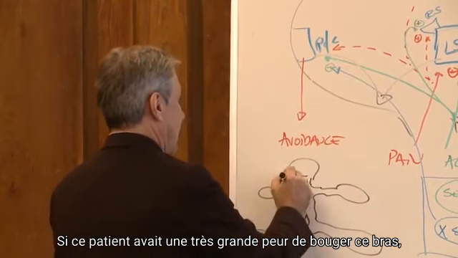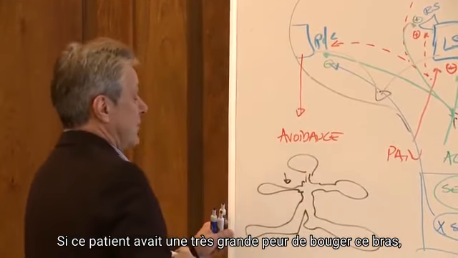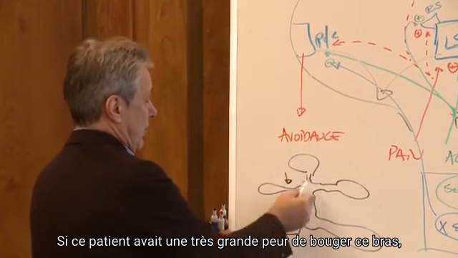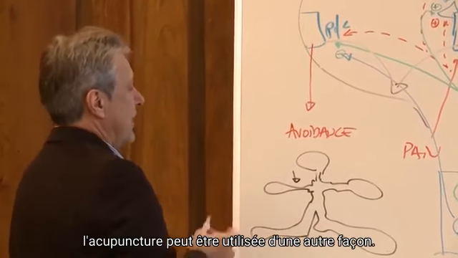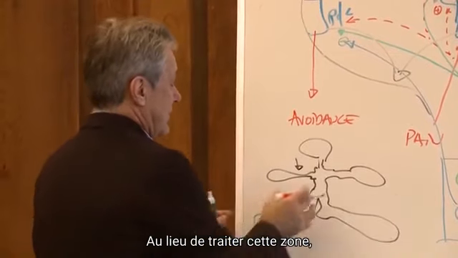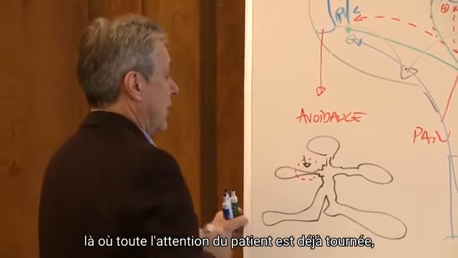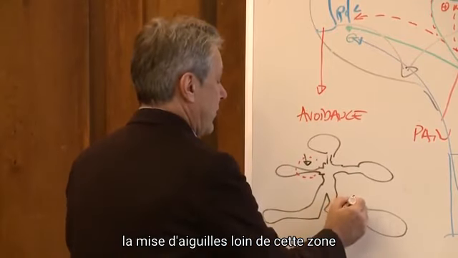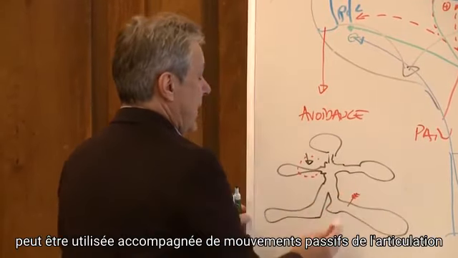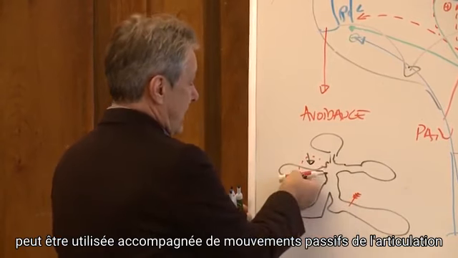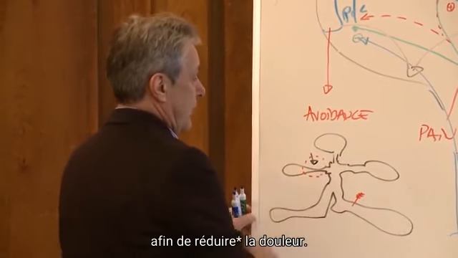Yes. If the patient has a very strong fear of moving the arm, acupuncture may then be used in a very different way. Instead of treating this area, which the patient has all the attention on, possibly putting the acupuncture needle far away may be used in combination with passive movement of the joint to increase the range of motion.